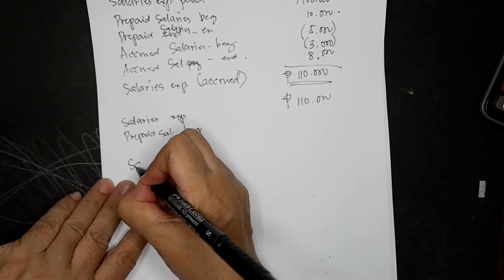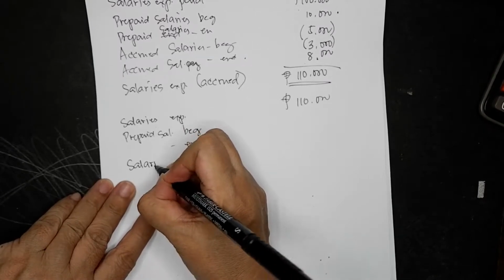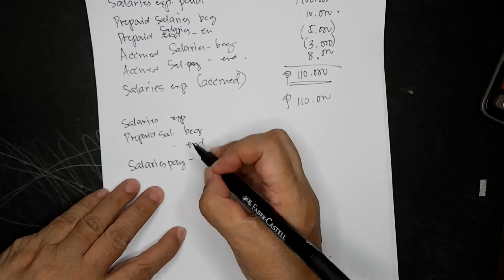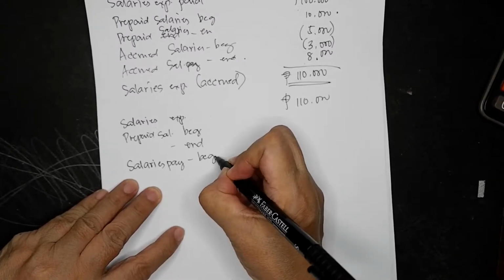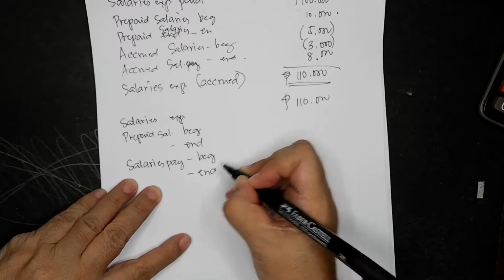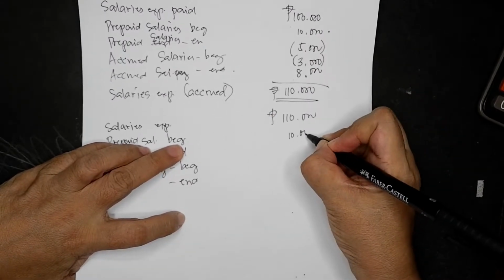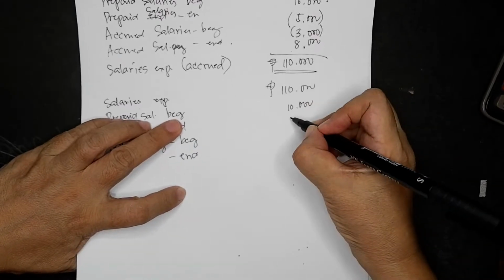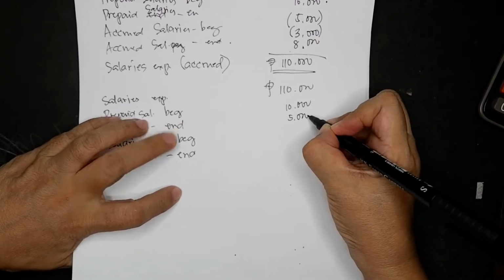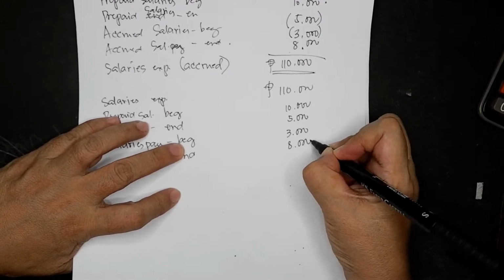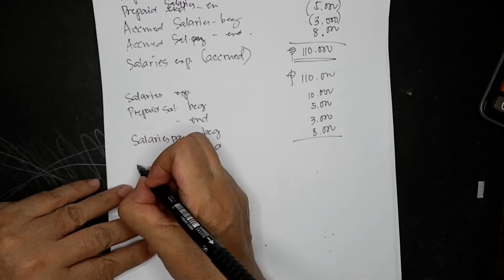We have salaries payable. Accrued salaries expense and salaries payable is the same. Beginning, we have end. Okay, so let us have 10,000. We have 5,000, 3,000, and 8,000.